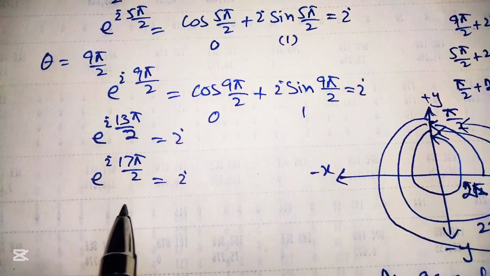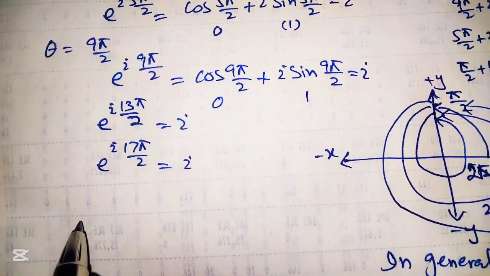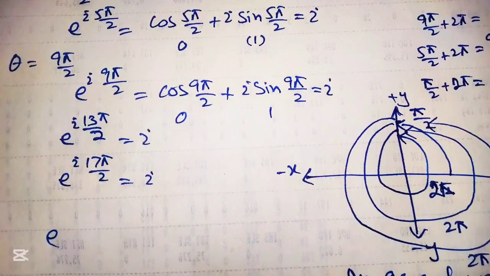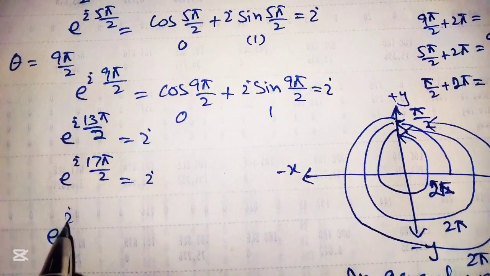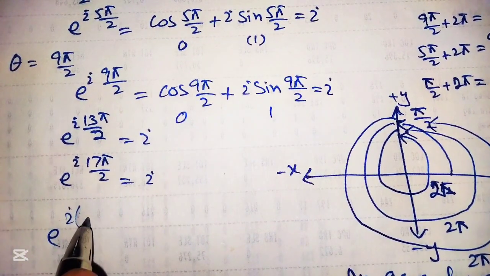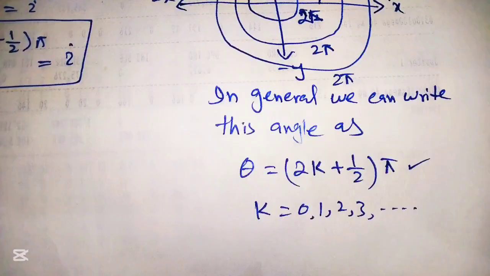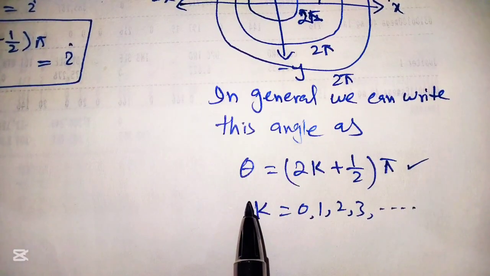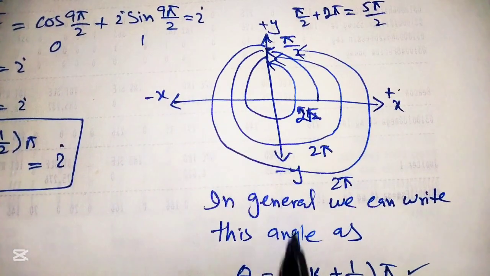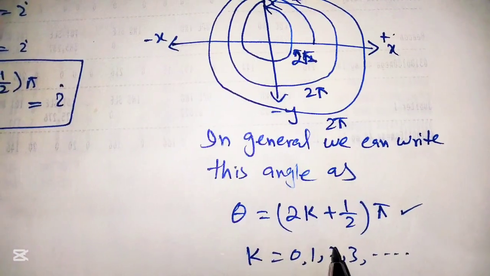So we can write it in general as e raised to power iota times (2k plus 1) over 2 pi. So this is the general value of theta on the positive y-axis.